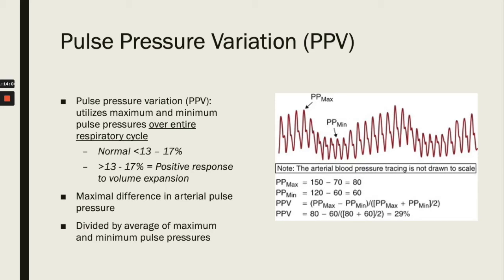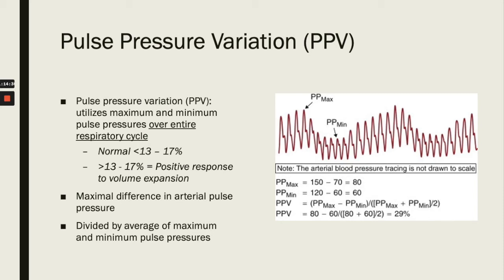Now, with pulse pressure variation, there's a gray zone that's been described, and that's usually between 9 and 13%. So if your patient falls within that zone, they're just fine. They don't need any volume expansion. However, if somebody does fall above 13%, they should receive volume expansion. And if they are below the 9%, they don't need anything.